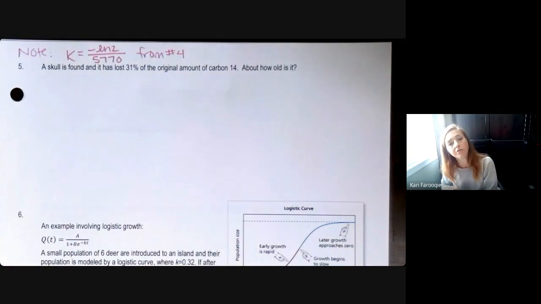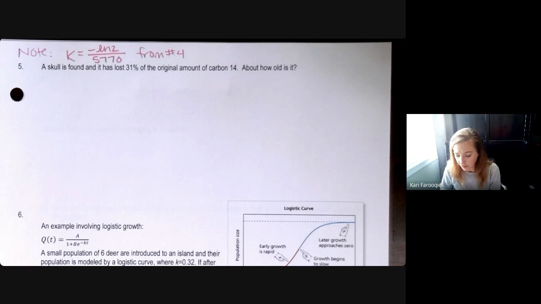A skull is found and it's lost 31% of its original amount of carbon-14. How old is it? So what we're trying to find out is after how many years was this skull found? Now, if it's lost 31% of the original amount of carbon-14, what that means is it still has 69% of the carbon-14 left in it.